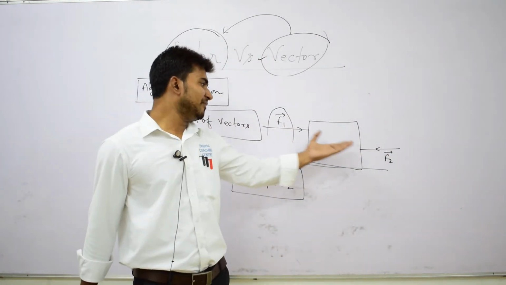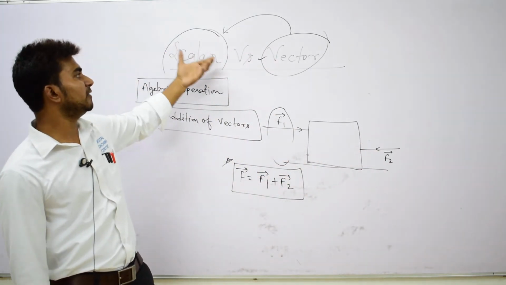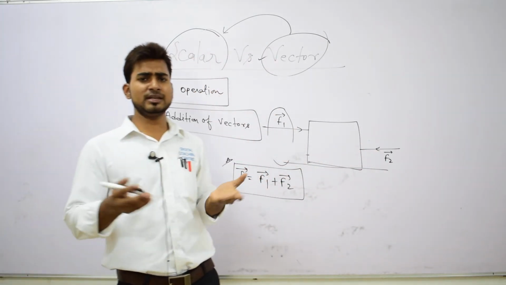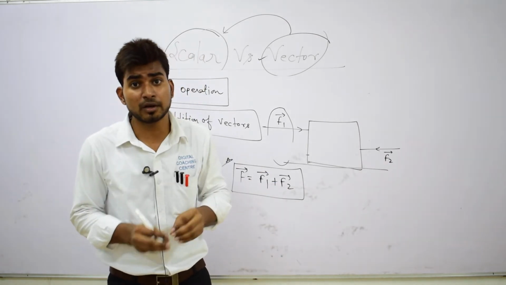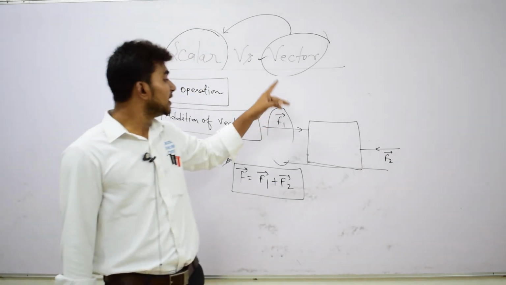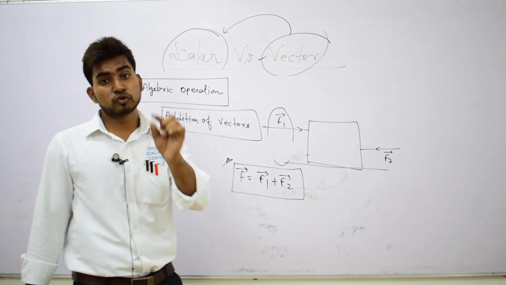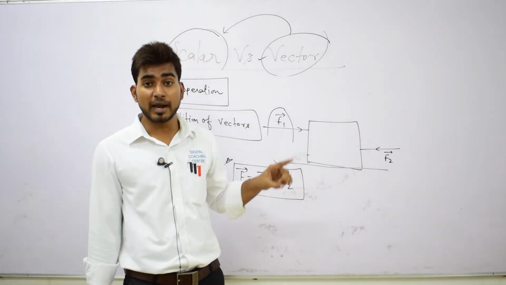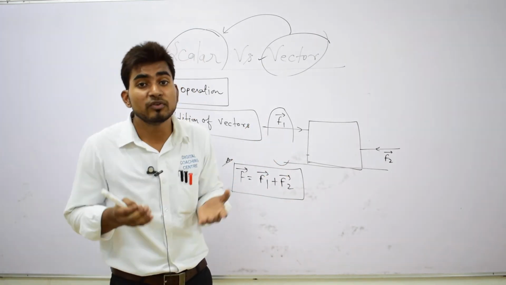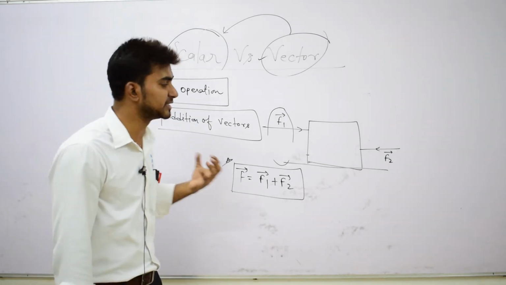Now if force were not a vector quantity and were only a scalar quantity, in a scalar quantity we would just simply add. There is no meaning of direction, but because force is a vector quantity and it has a direction, according to direction we have to determine whether we have to add or subtract, for finding the total or resultant.